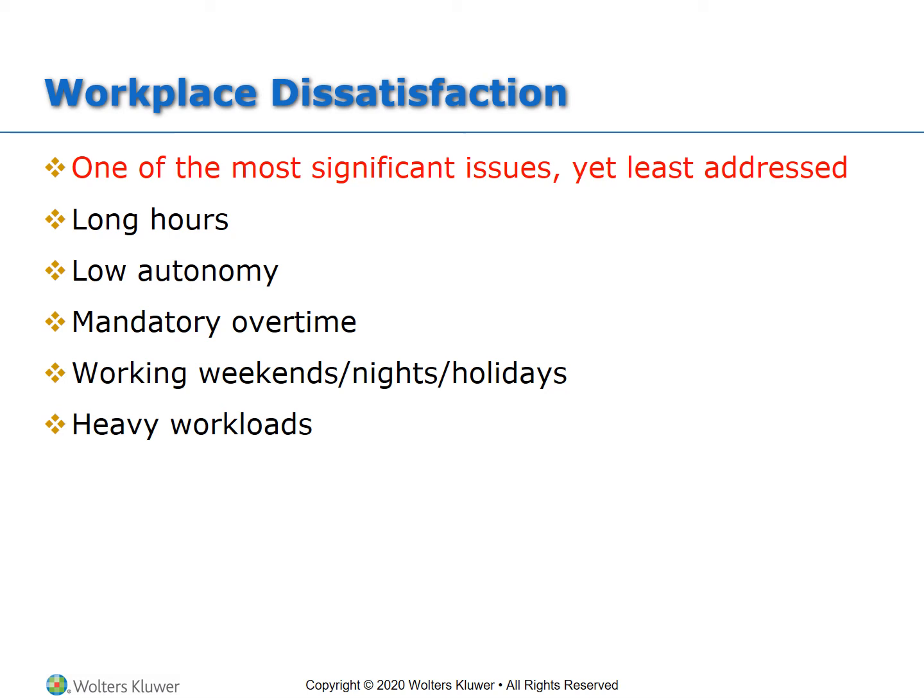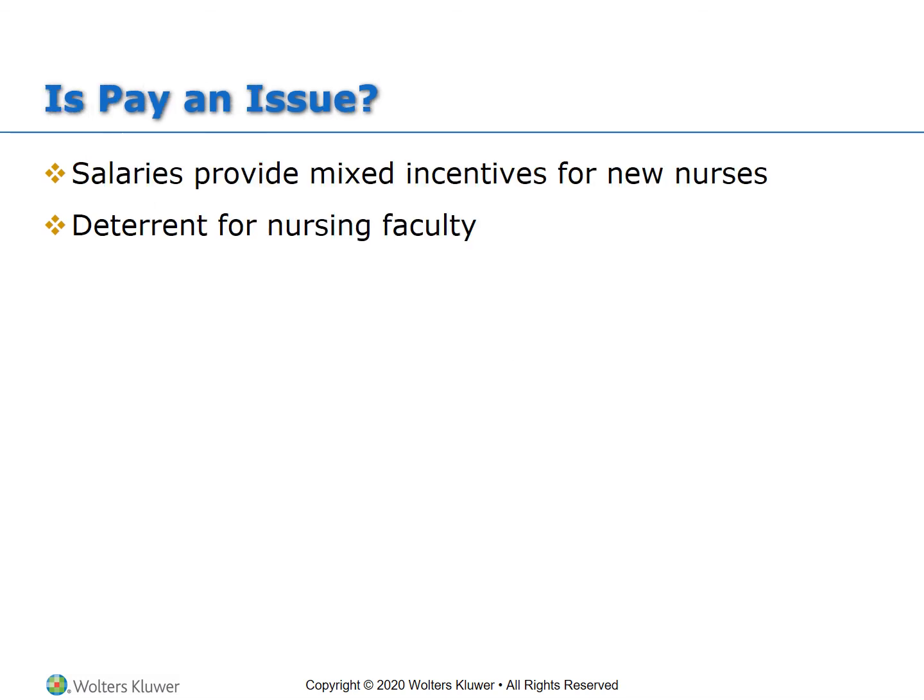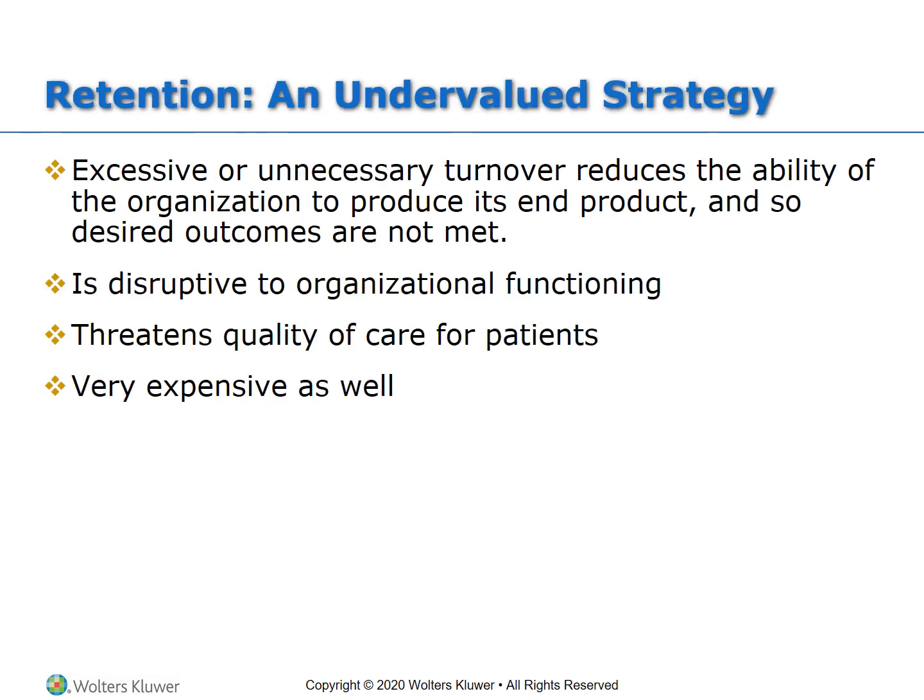Another one is working weekends, nights, holidays, and also the workloads. And is pay an issue? It could be for some people. So you always have to remember the reason you went into nursing. Always remember the reason behind why you chose nursing as your profession.